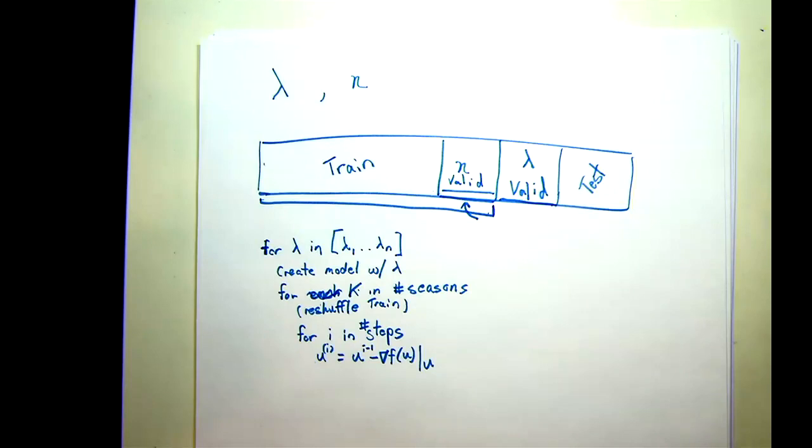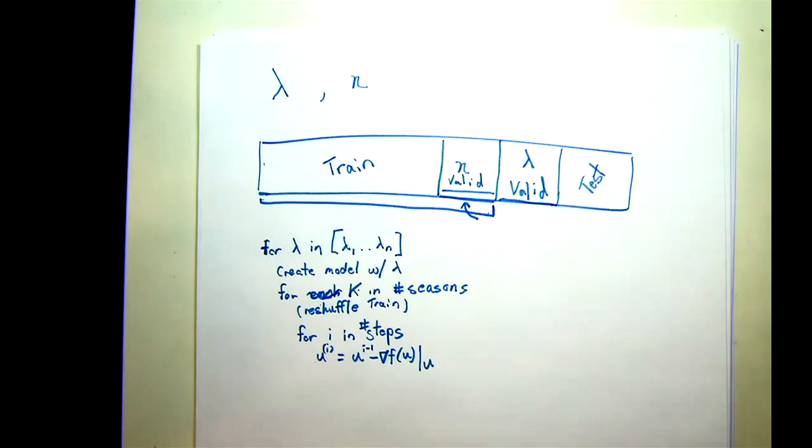I mean, it's a good question. What would happen if you tested on the lambda validation set? Probably not much, because it depends. Here's the thing.